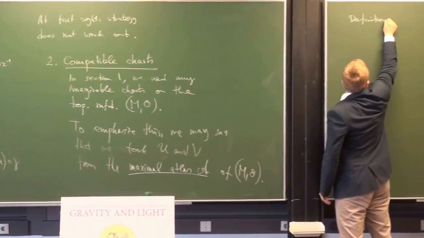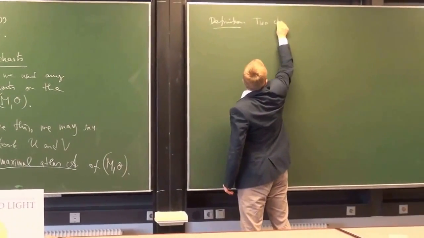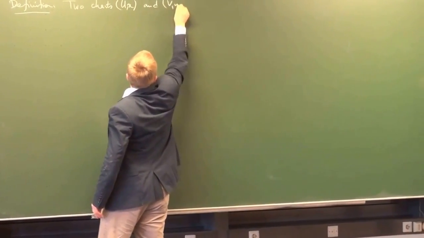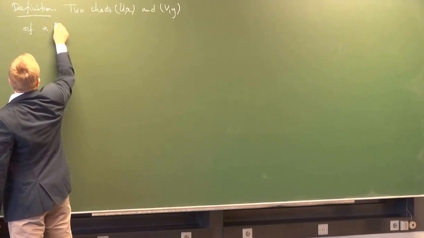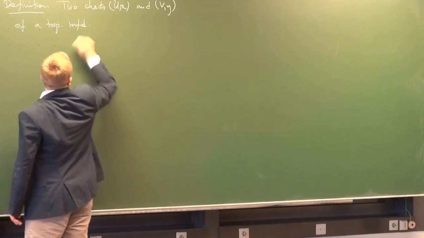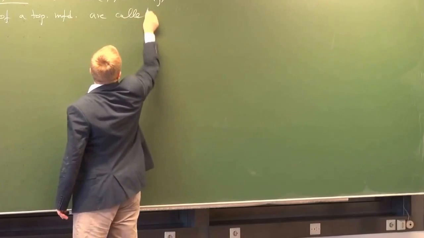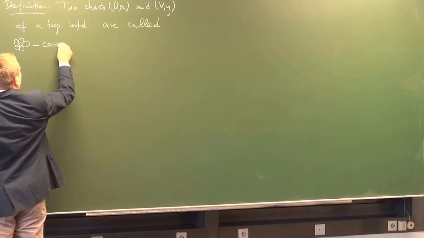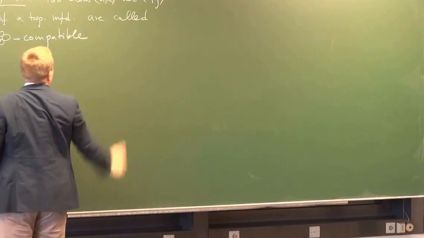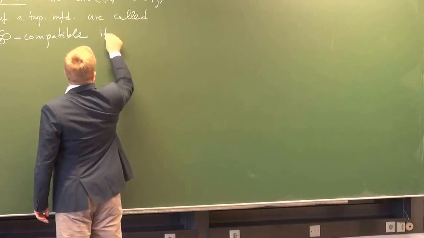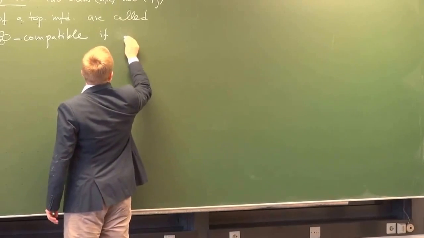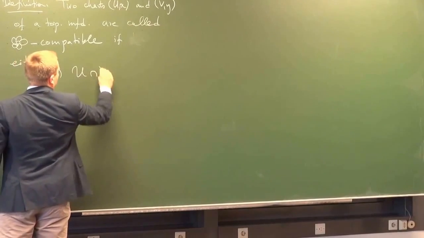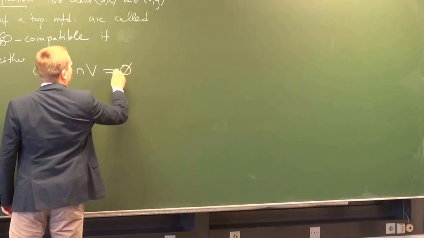Definition. Two charts, Ux and Vy, of a topological manifold. So first of all, of course, it's any charts, are called compatible if either, two possibilities, if either their chart domains do not overlap at all.